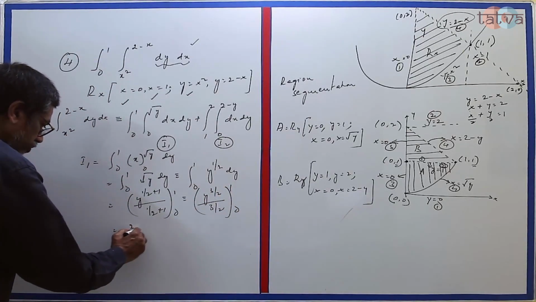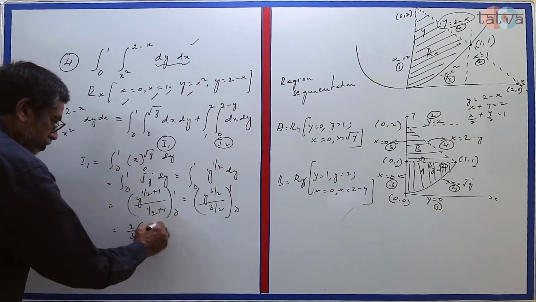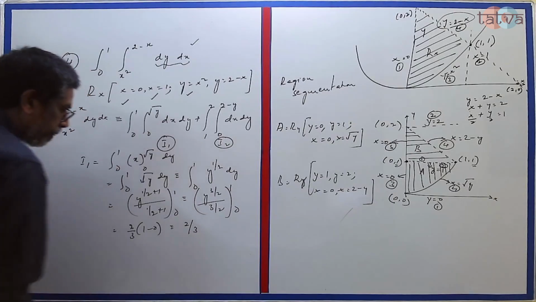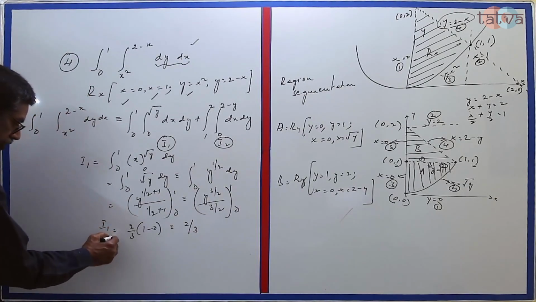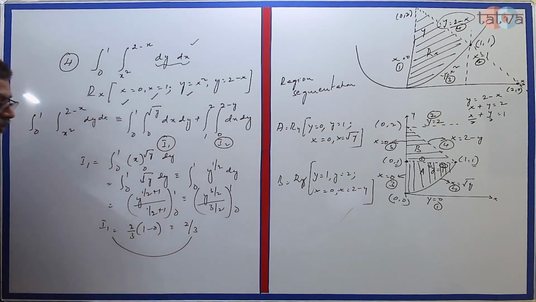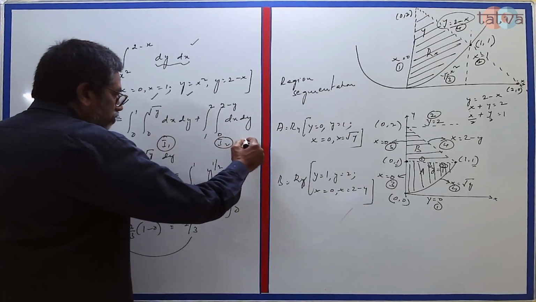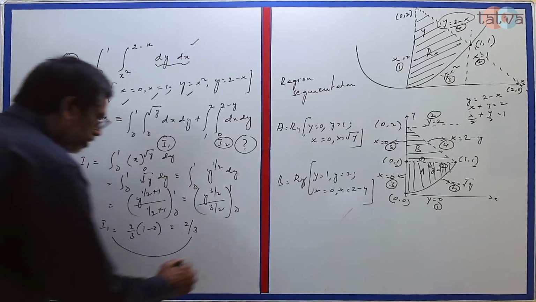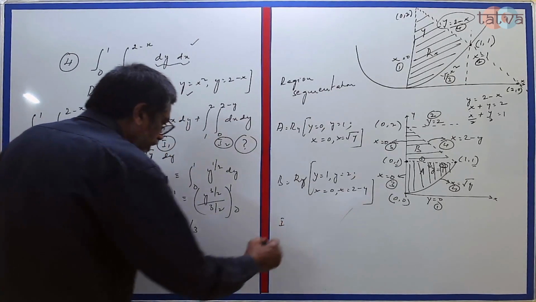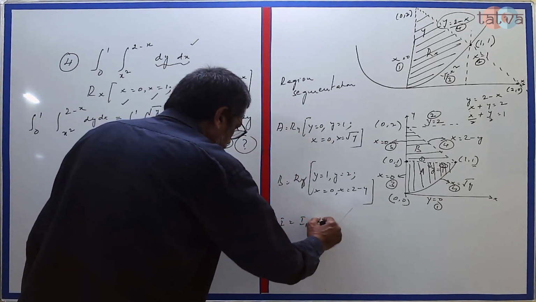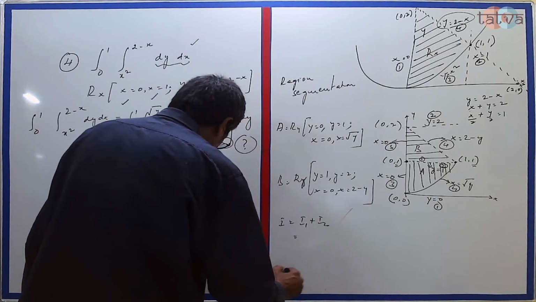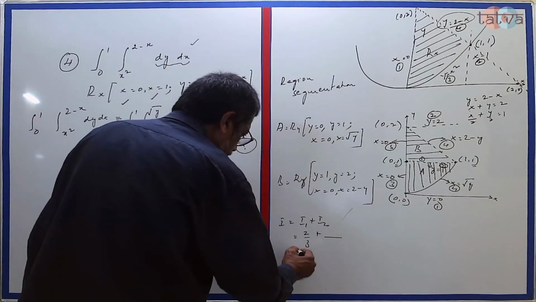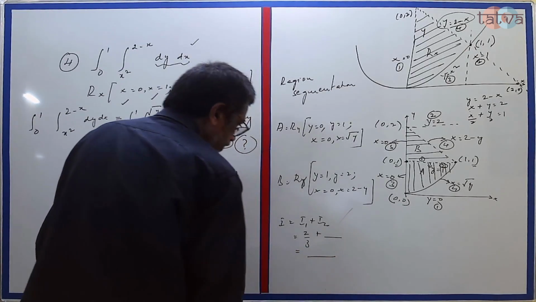So that would make it 2 by 3 times 1 minus 0, and the output is 2 by 3. So I1 gives us this output. What output I2 gives, you just find out because it's similar. And then finally, you can wind up the problem saying I is equal to I1 plus I2, where I1 is 2 by 3 and I2, you just fill it up and then you produce the answer.